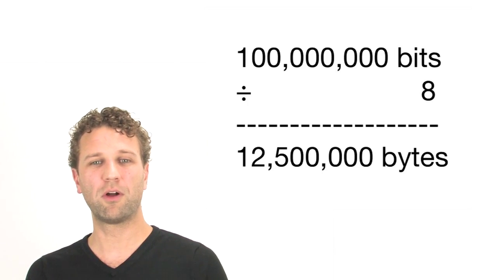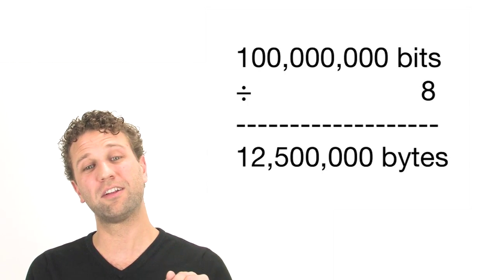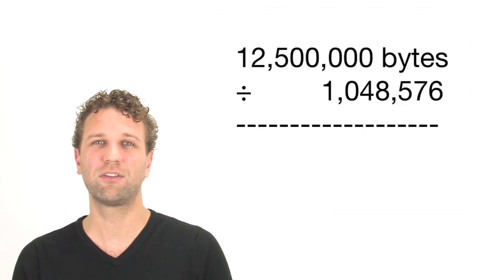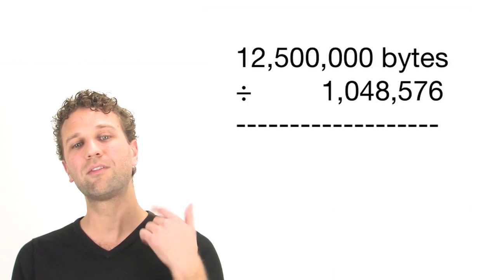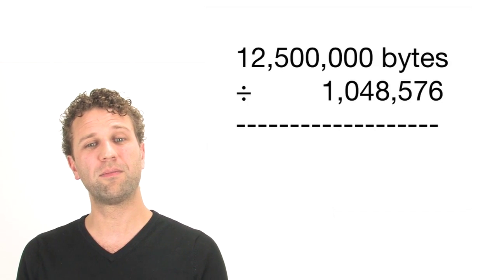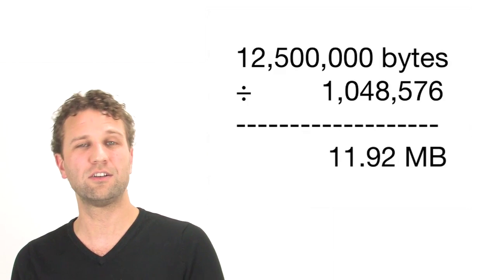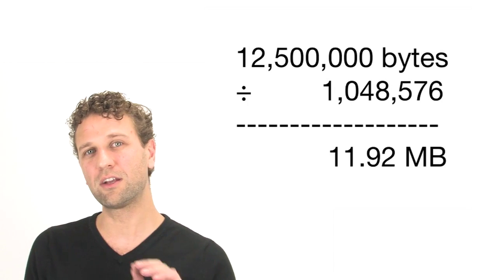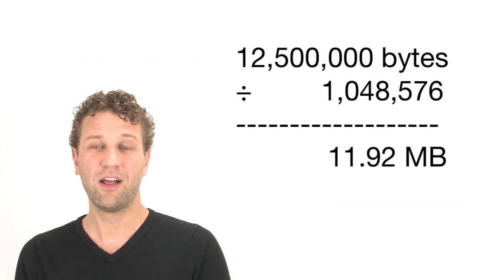And since 1 real megabyte is 1,048,576, which is 1,024 times 1,024, to do it the easy way, we then divide the 12,500,000 by that, and we get 11.92 real megabytes. So to put it simply, you're getting 12 megabytes per second. That's actually still really fast.